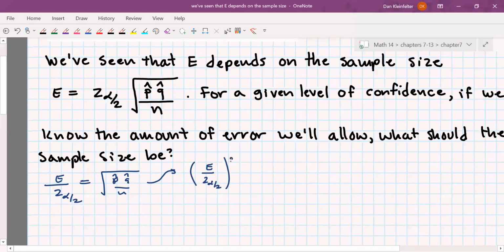Squared. Okay, we're ultimately after the N. So what we'll want to do next is take reciprocals of both sides. So this will give us Z alpha over 2 over E squared. That will be N over P hat Q hat.